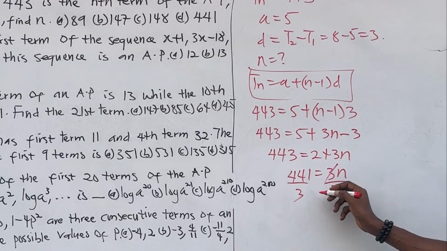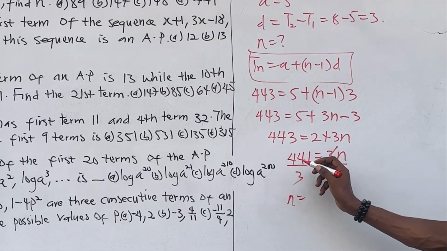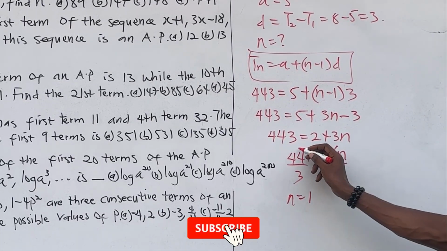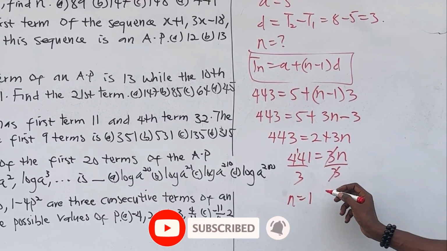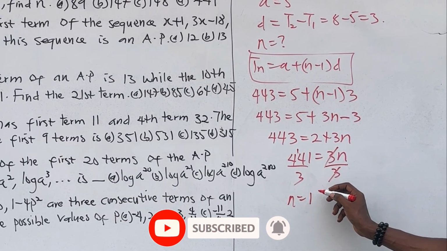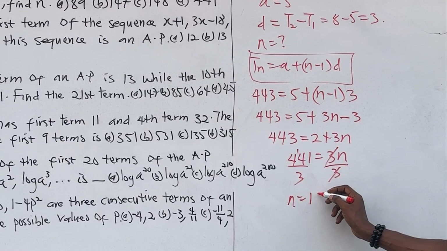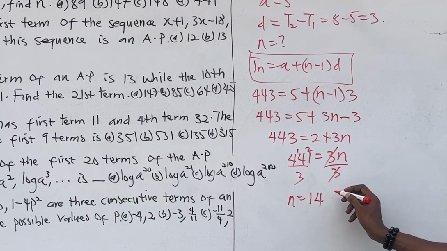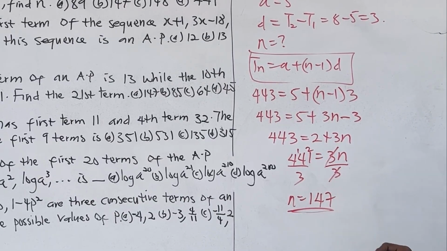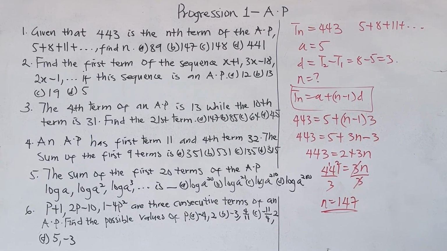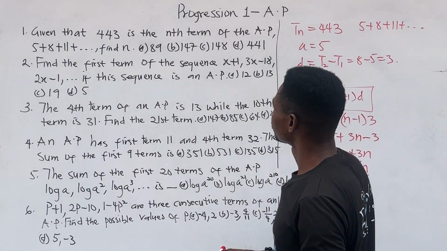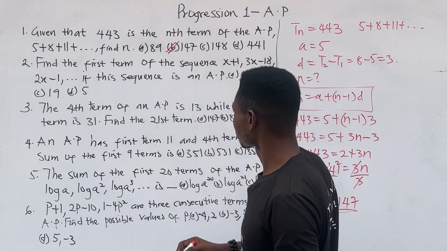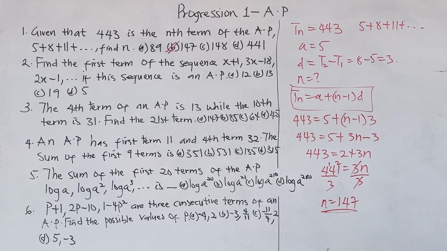So 3 cancels 3, so that's n equals 3 into 4, that's 1, remember 1. 3 into 14, 3 times 4 is 12, remember 2. 3 into 21, 7. So our n is 147. So our correct answer will be option B, 147. Okay, so that's it.